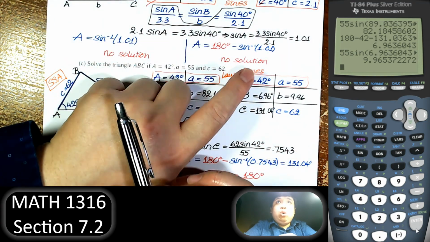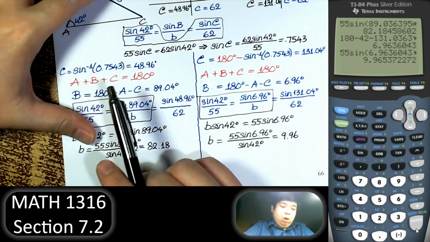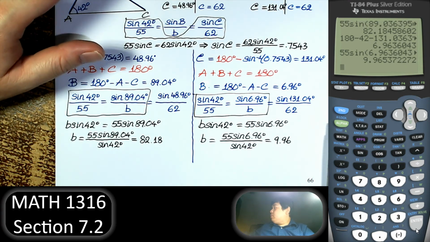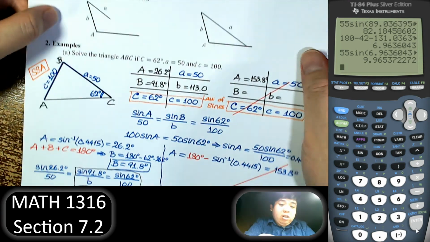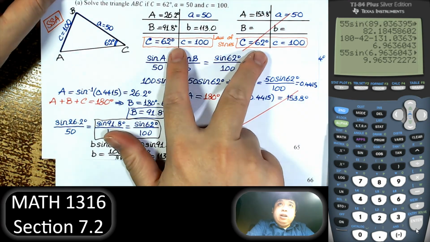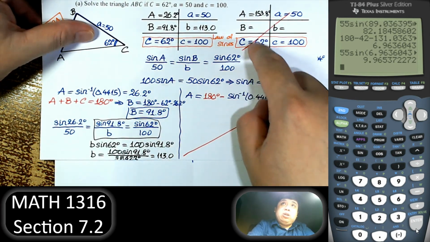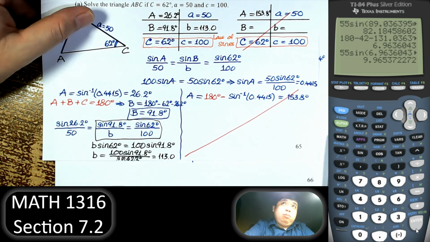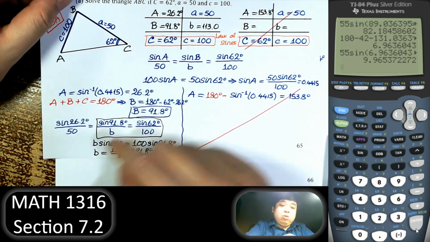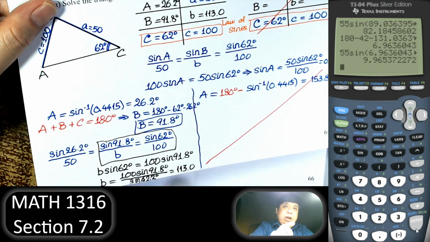We may have no solution directly from it, or we may have two solutions. Or from the first example, we have just one solution because when we do that, the angles here add up to more than 180 degrees. So that's why that solution doesn't work, and we have one solution.